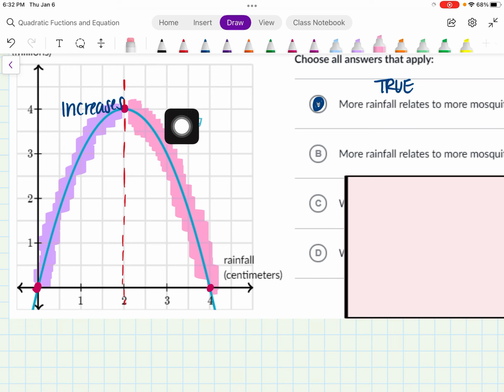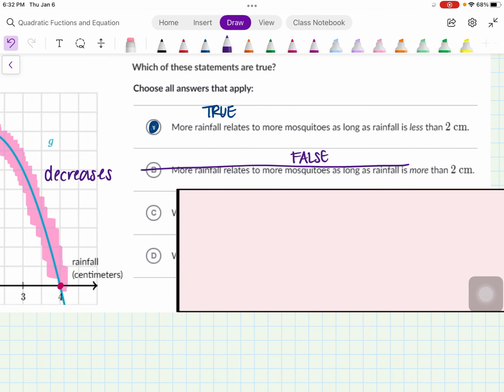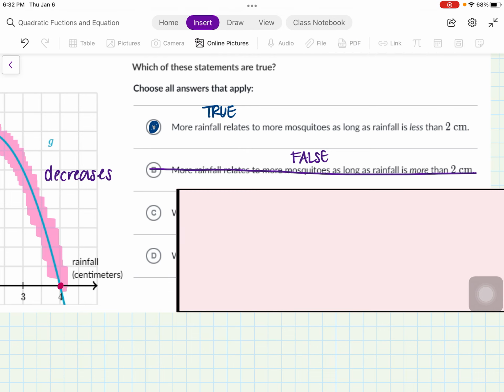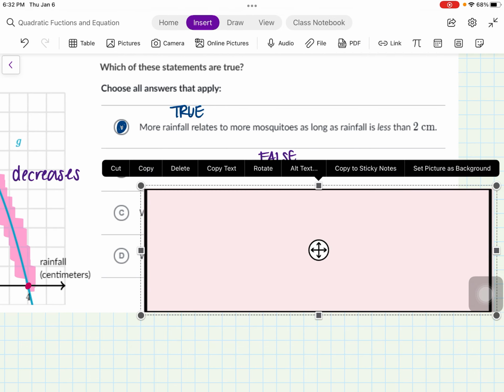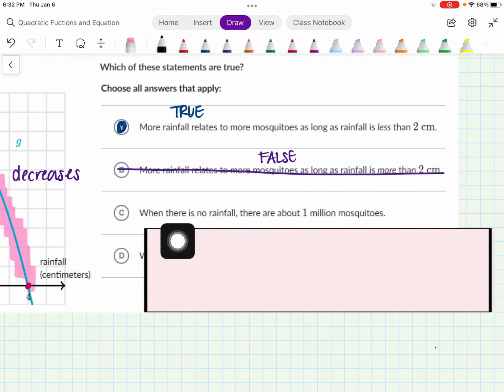From 2 centimeters on, the population of our mosquitoes is actually decreasing. So we actually don't have a greater amount of mosquitoes. We're actually losing mosquitoes. So this statement here is false. And I'll just cross that off.